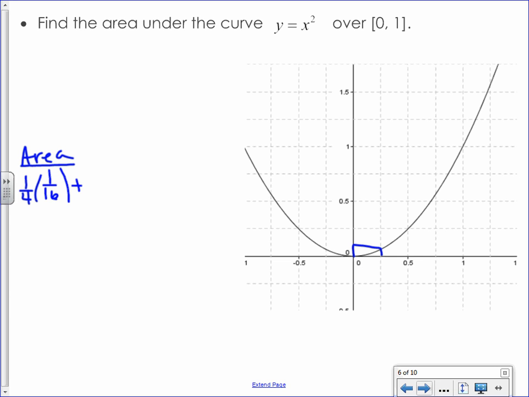Plus our next rectangle is going to come from when x is 1/2, because that's the right side of that rectangle. And so that has height 1/4, right? Our next rectangle, the height comes from the right side. What's the height of that one? 9/16.